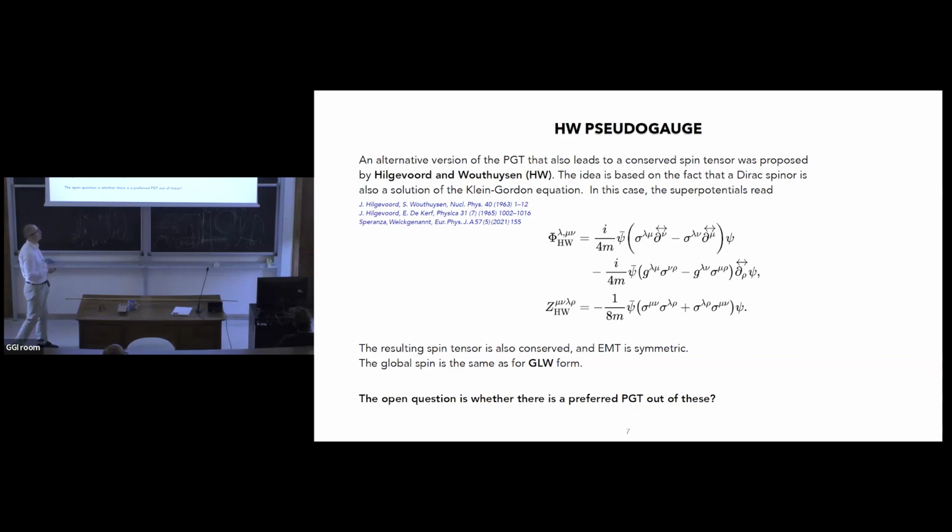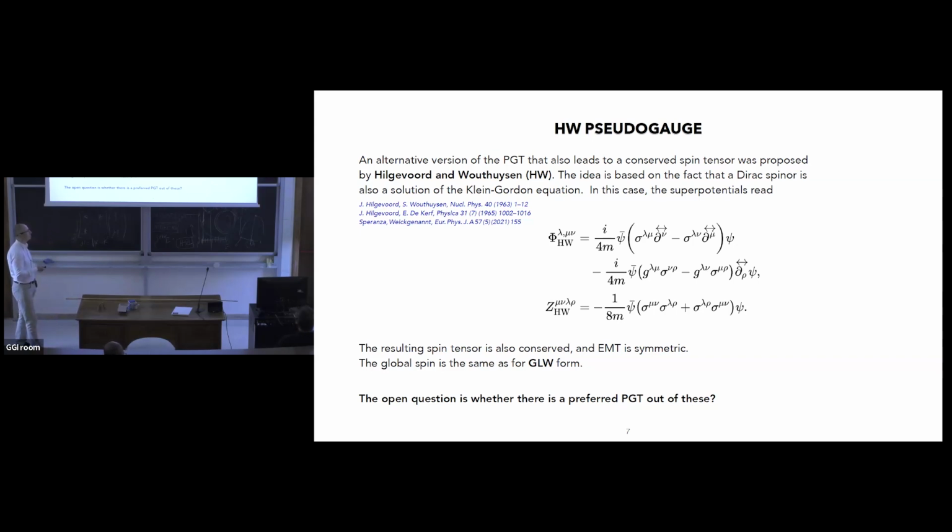These currents were obtained up to first order in gradients, and they allow to construct the hydrodynamic theory, which is more or less similar to what you would obtain if you start with the GLW forms. Now the global spin is the same both in the GLW and in the Hilgevoord-Wouthuysen case, and also the T mu nu is symmetric.